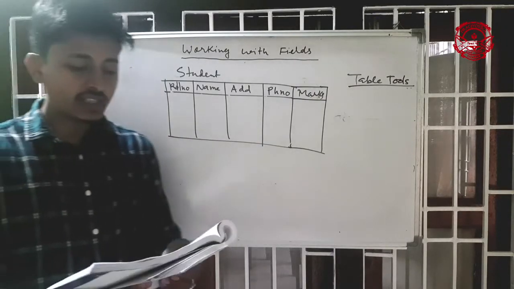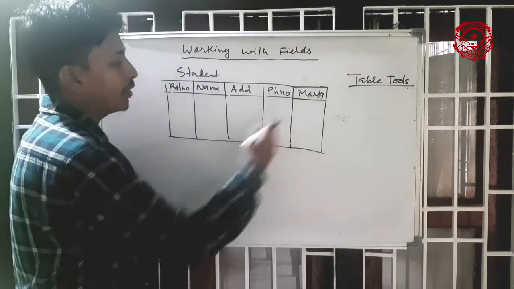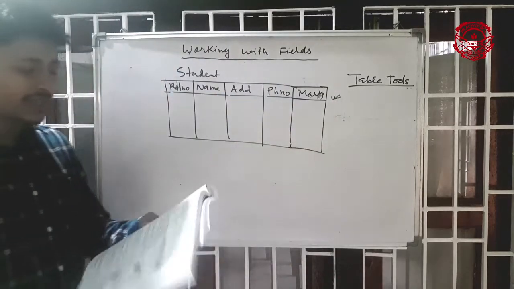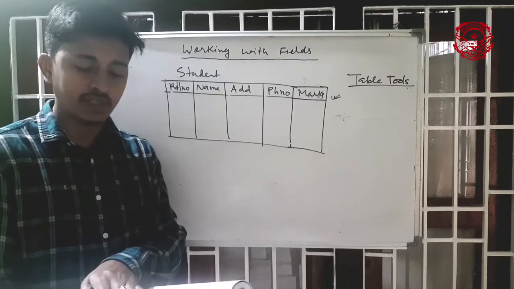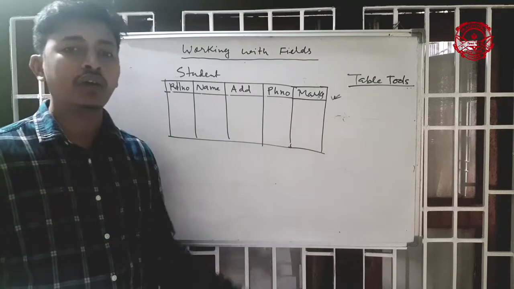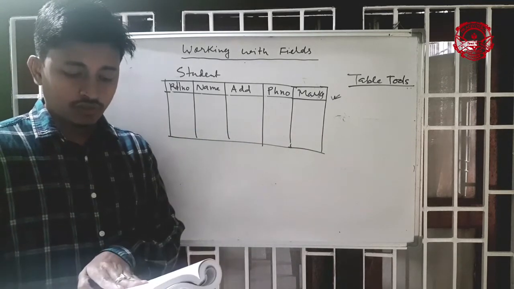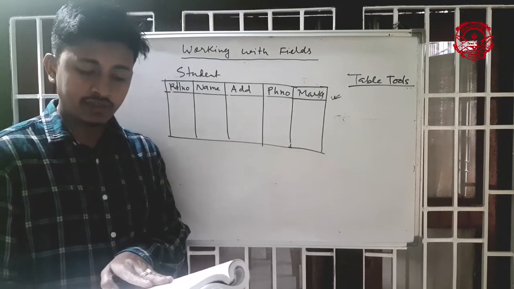Now the first is adding a new field. I've already said it. This is the existing table. Now you can add a new field. It is marks, and there are steps. Now in the steps, you just read the steps and follow them, and after that you can create a new field in the existing table. So better you read the steps for adding a new field. It is very important.